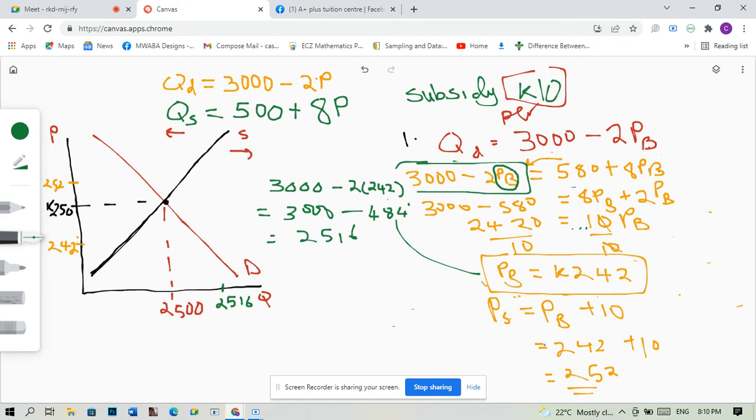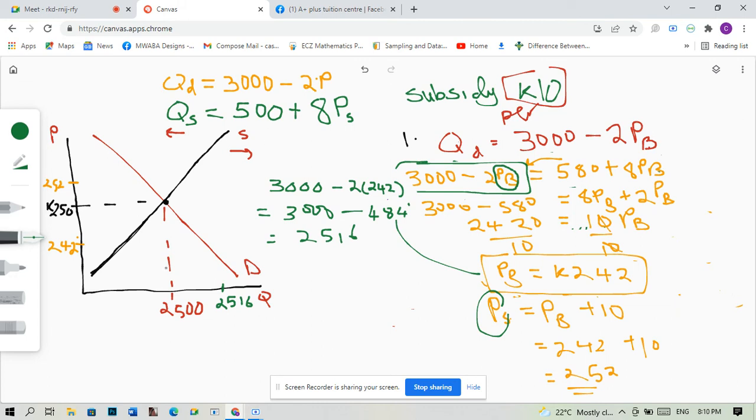You can also confirm, you can substitute PS, which equals 252, in your supply function. Remember, we said it was 500 plus 8PS, and you're going to substitute PS with 252. You're supposed to get the same value, 2516.